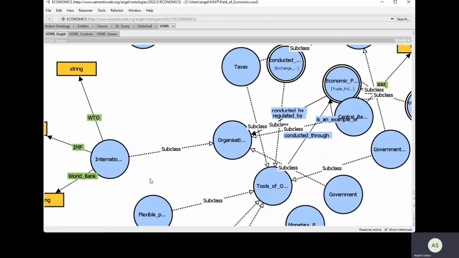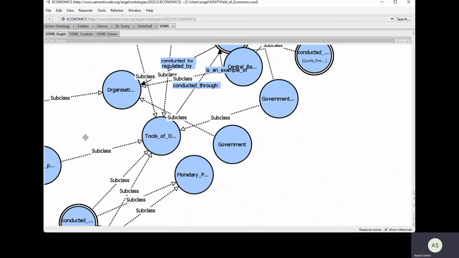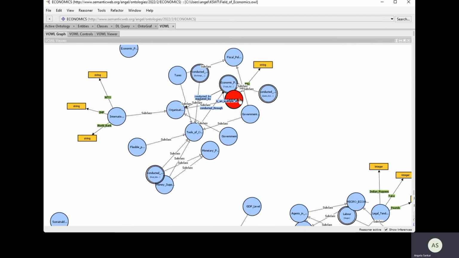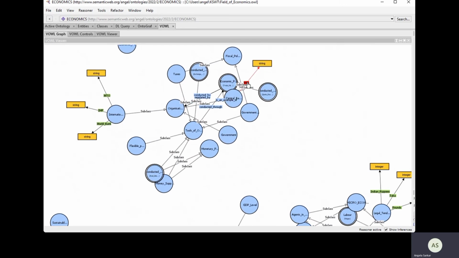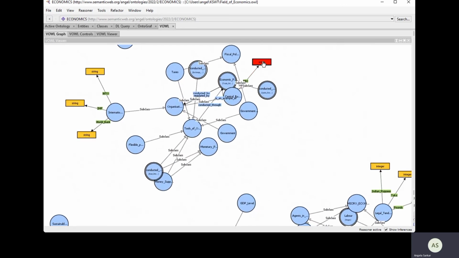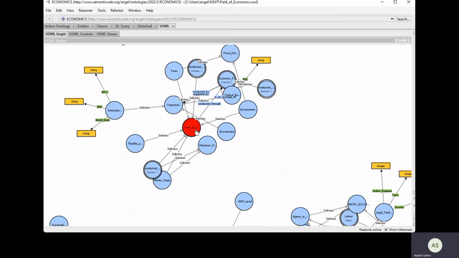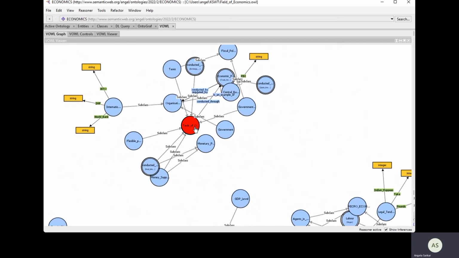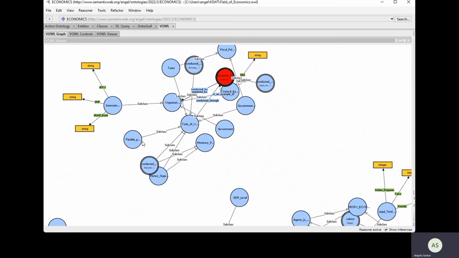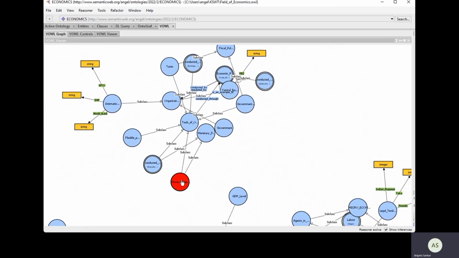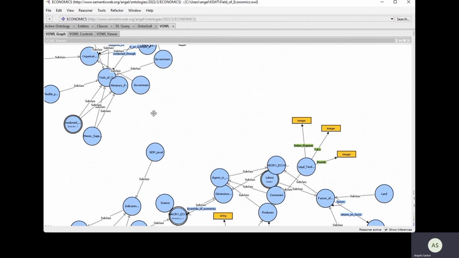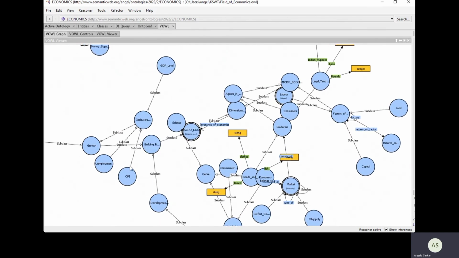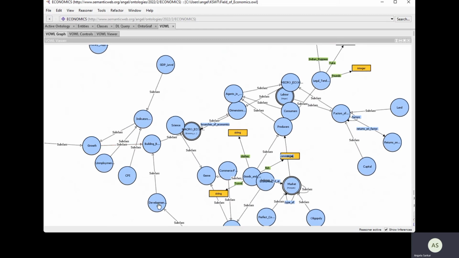Again, central bank, only RBI is the instance and it's a string. Then tools of operation, we have monetary policy, fiscal policies, trade policies, money supply, and all of that. Coming over to the building blocks of macroeconomics, we have growth and development.